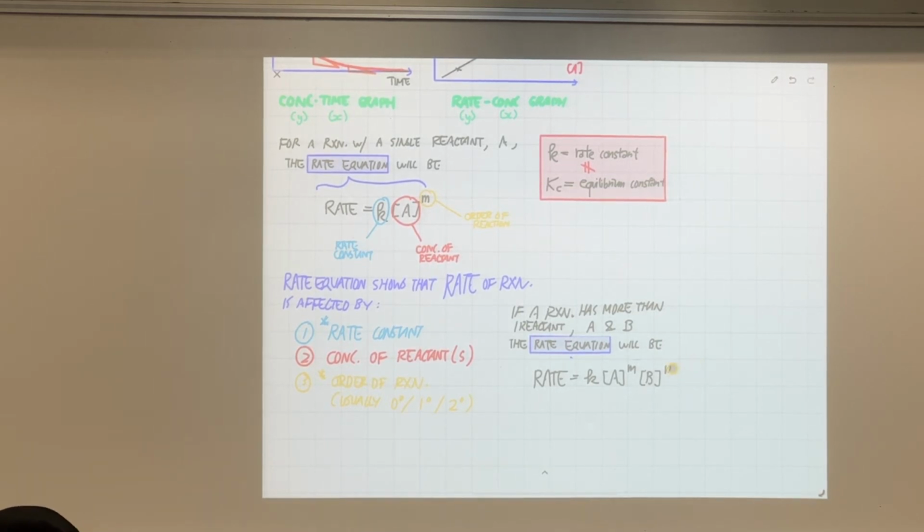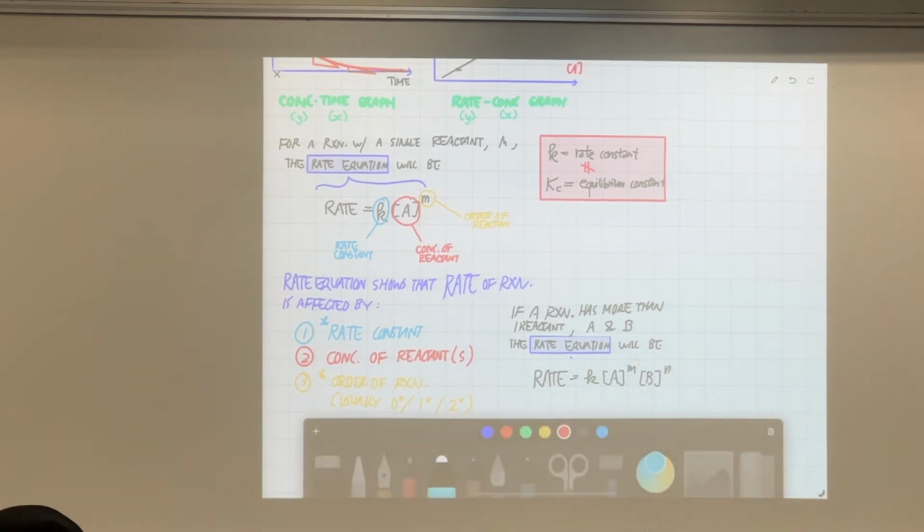So the takeaway message here is, if you have one reactant, you will see one concentration term. Two reactants, you will see two concentration terms. So write down: one reactant means one concentration term. This is why you only see one concentration term here, not two.